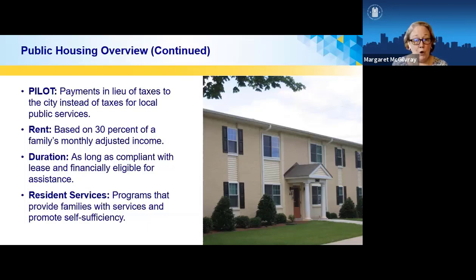The property is owned by the PHA and funded through money from HUD and tenant rents. The PHA is established by state law and statute, and HUD controls the PHA's use of the properties through an annual contributions contract, or ACC, which we'll talk about briefly in a moment.